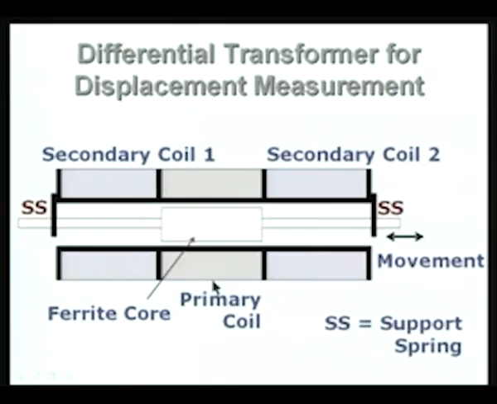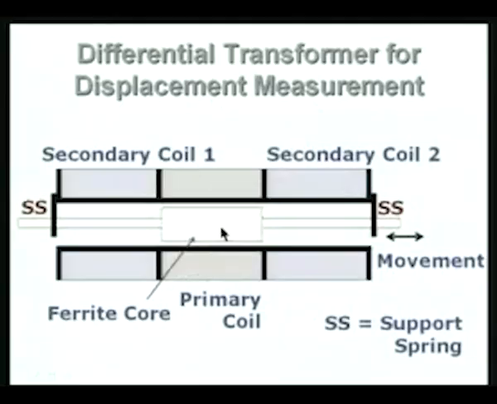Suppose I give an alternating current to the primary coil, the two secondary coils are going to generate alternating current voltages, and if the ferrite core is moved to the left, there will be more coupling between the central coil and the secondary coil here, so that this will generate more voltage and this will generate less voltage.